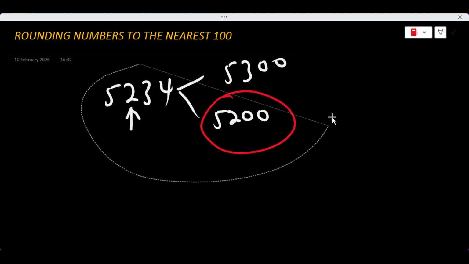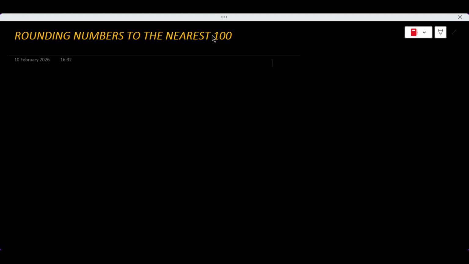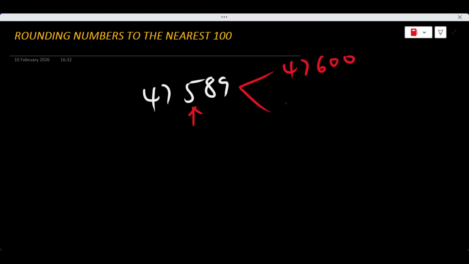All right, let's look at one more example. Now we are to round 47,589 to the nearest 100. So we have to identify the 100th digit. In this case, it is 5. Now, this could mean that we are going to get a round-up figure as 47,600 or a round-down figure as 47,500.